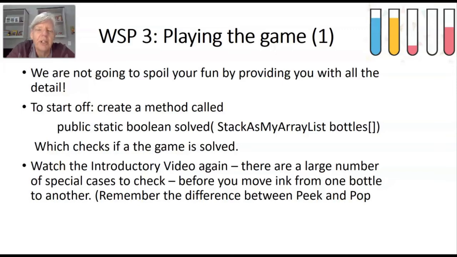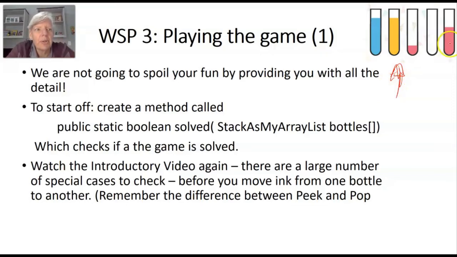You have to write a method for your test class called solved, which receives your array list of the bottles, and you have to return a boolean for whether it is solved. Now, carefully look again at this diagram. Is this solved? Mm-mm.